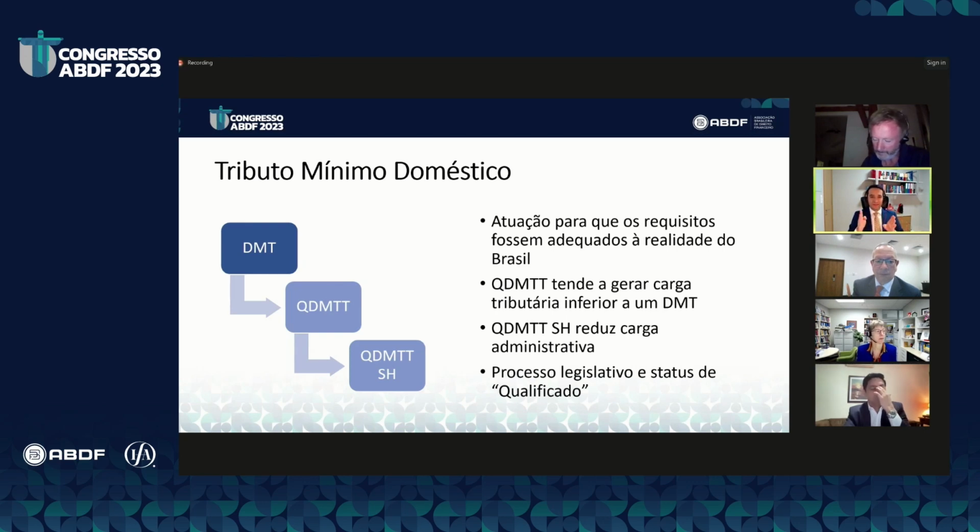Relativamente ao QDMTT Safe Harbor, é importante dizer que com a implementação das regras Globe, e isso todo mundo sabe, não é nenhuma novidade, haverá uma carga administrativa adicional aos grupos multinacionais, porque agora eles precisarão implementar cálculos que não faziam antes.